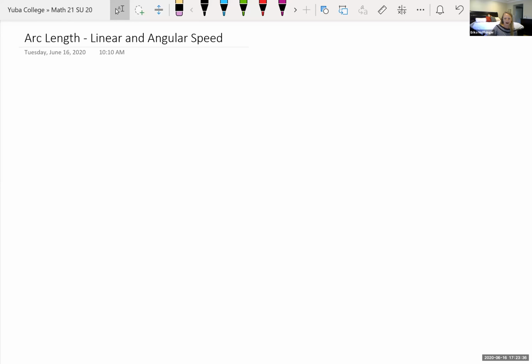Okay, so we're continuing on 7.1 in our textbook, which was talking about angles, angle measures. We talked about angles could be measured in degrees, minutes, and seconds. And we were looking at radian measures. We also talked about the arc length of a circle.